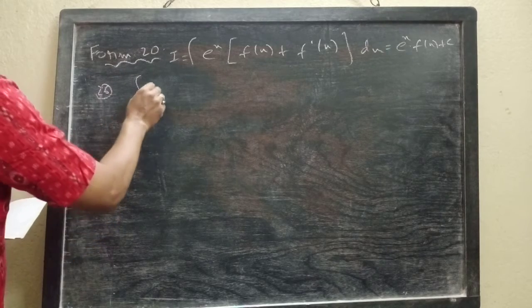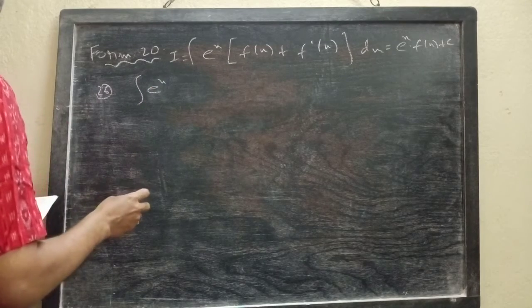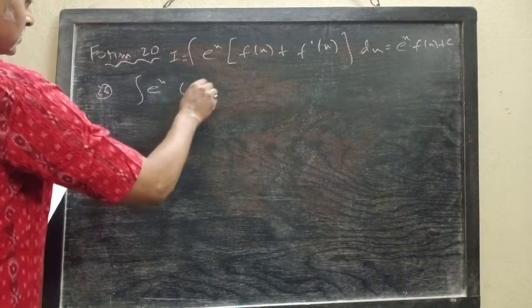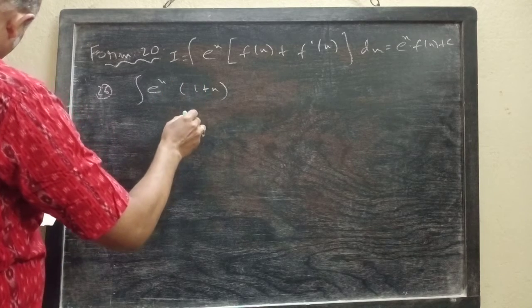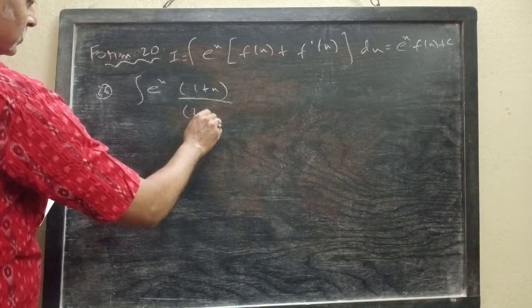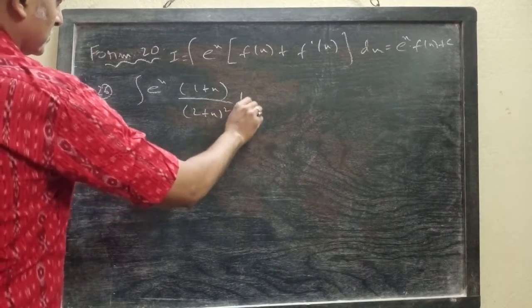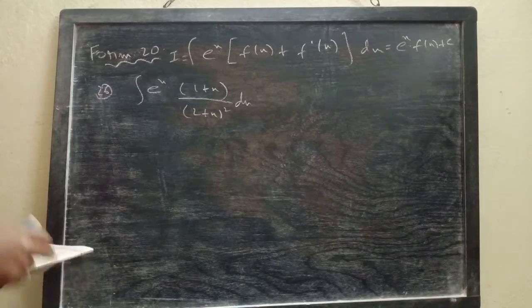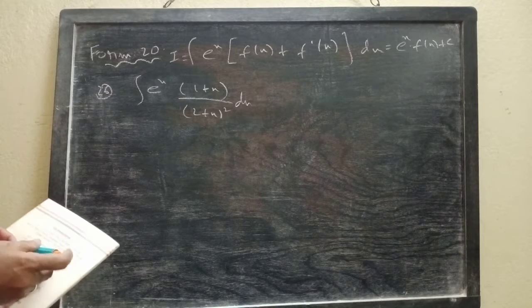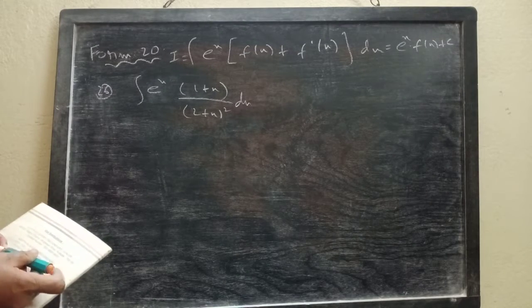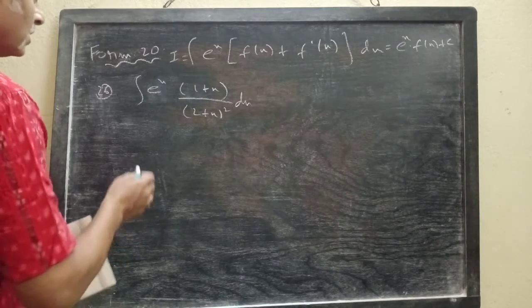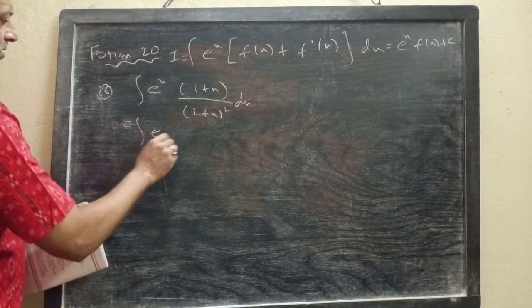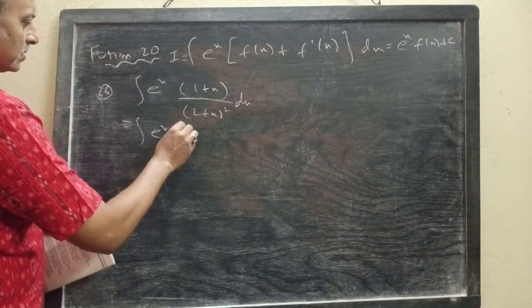Integration e to the power x into 1 plus x by 2 plus x whole square, then dx. I am writing this as e to the power x.